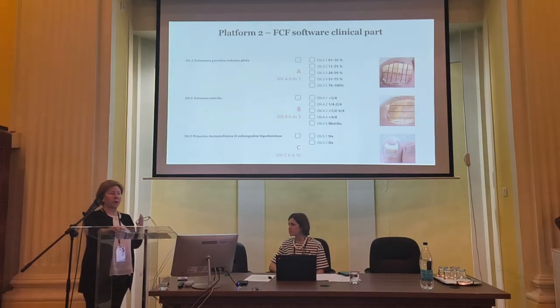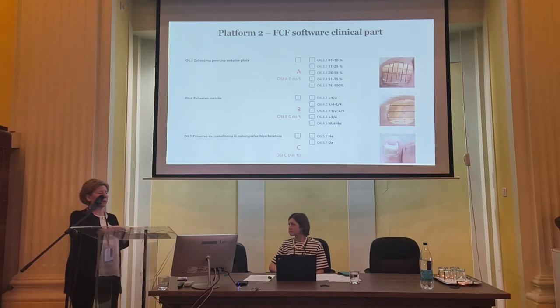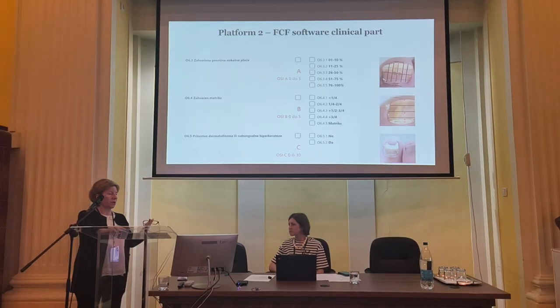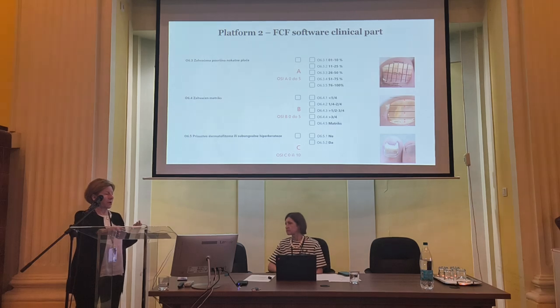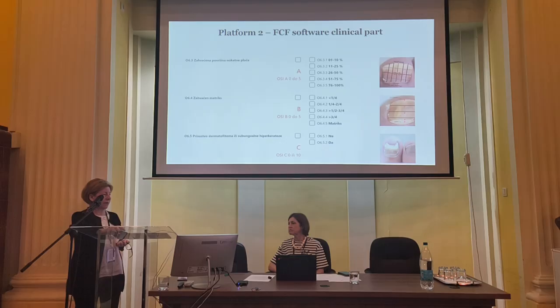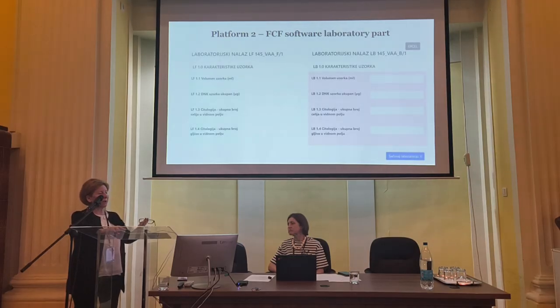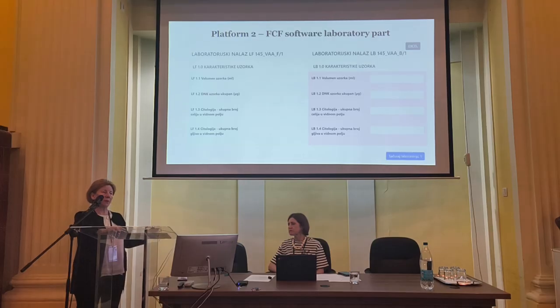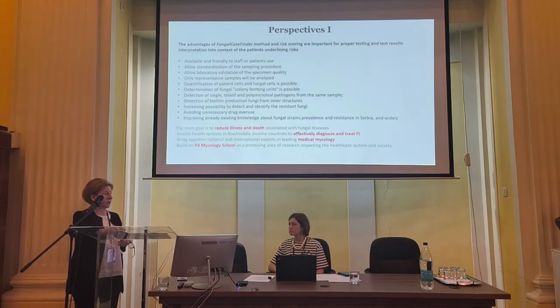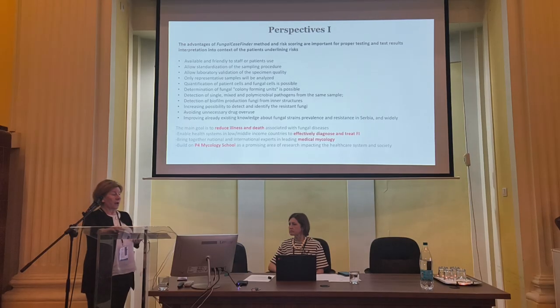And if we have some characteristic clinical part, for example here onychomycosis, we score the most important challenges or clinical findings on the nail. Finally, the last part of this software is the laboratory part. In parallel we sample by the traditional and fungal case finder methods, and we put these results in for further analysis.